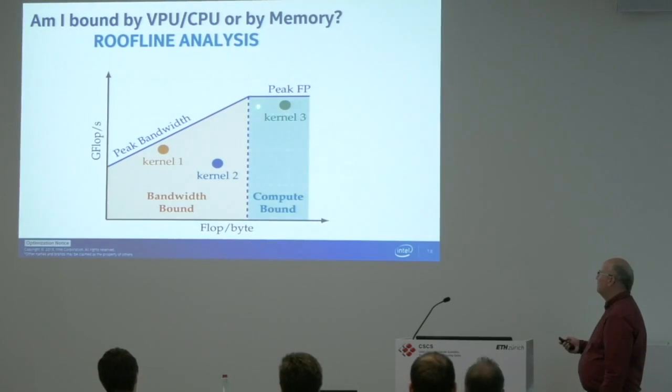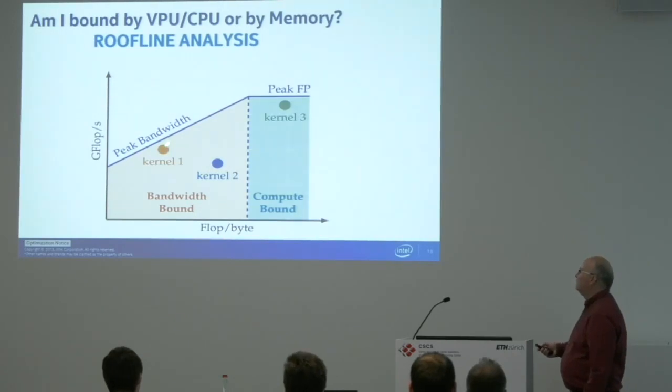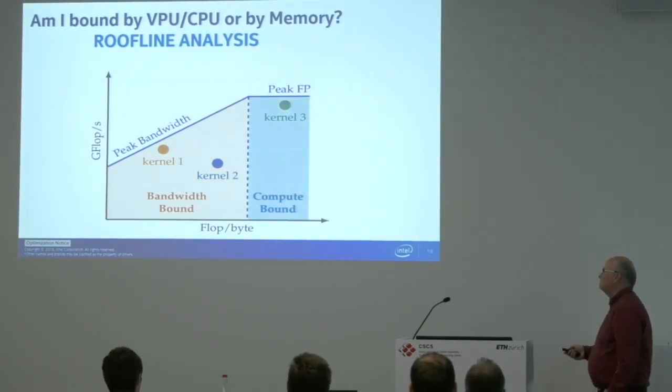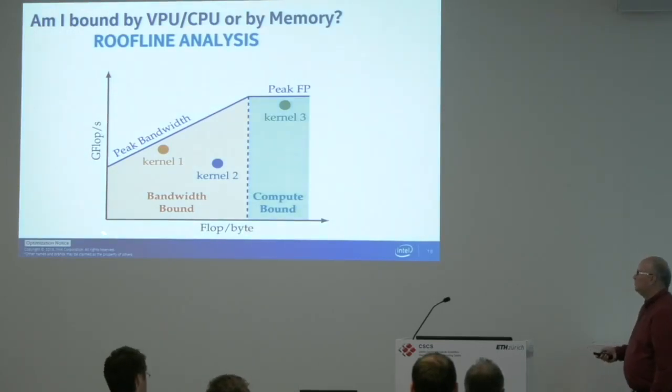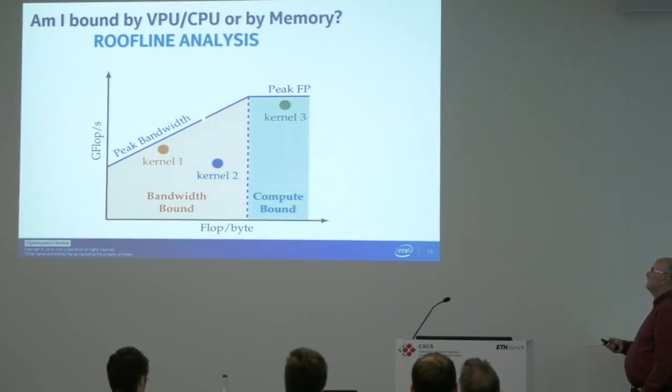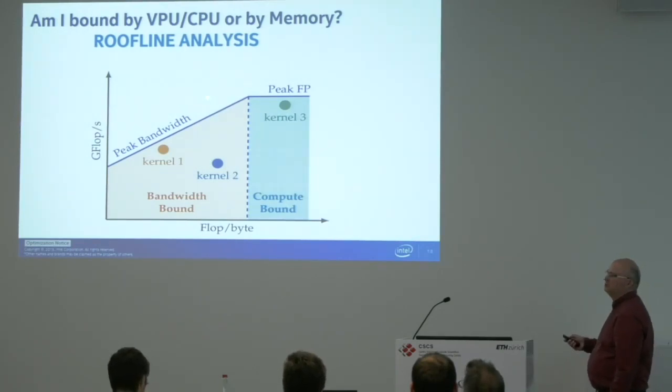When you are on the left side with a low arithmetic intensity, then you are bounded by your peak bandwidth. So you can take the flop per byte value and multiply it by your peak bandwidth, and then you will see what your kernel can achieve with this arithmetic intensity. So we have 3 kernels.